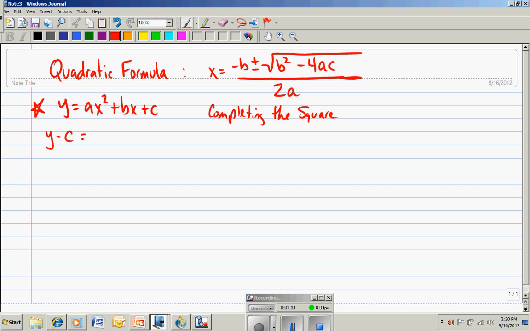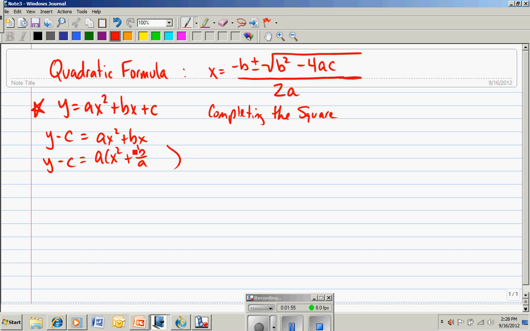So the first part of completing the square is to get c on the other side. So we'll do that first. And we want to get the x squared term to have a coefficient of 1. So we will factor out a. We'll take out a factor of a from both terms.